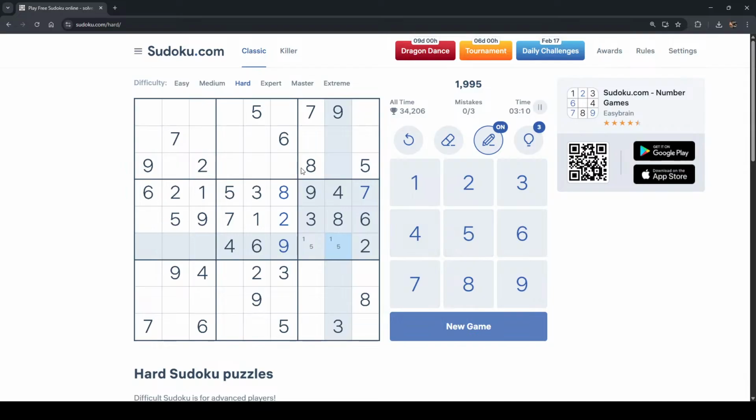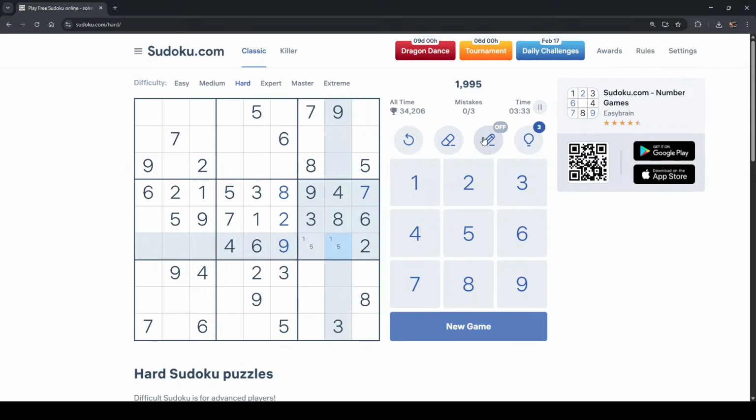Now maybe we can move on to the 5th column. We can see that there are 6 numbers out of the 9 cells. What we can do is maybe we can turn the pen off if we want to fill. We have to be careful. If it is on, then there's no issue, whatever we can type.